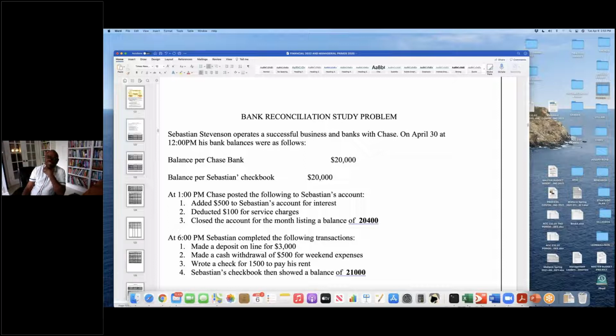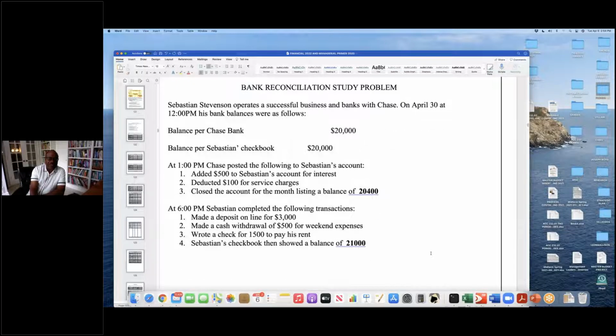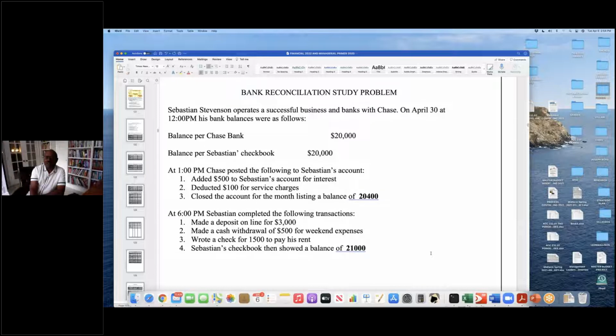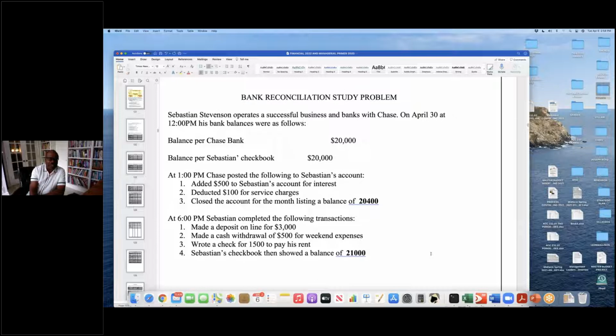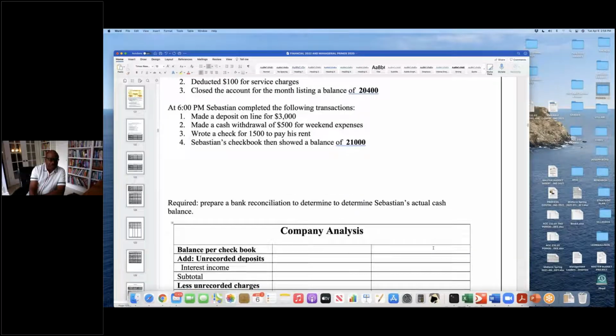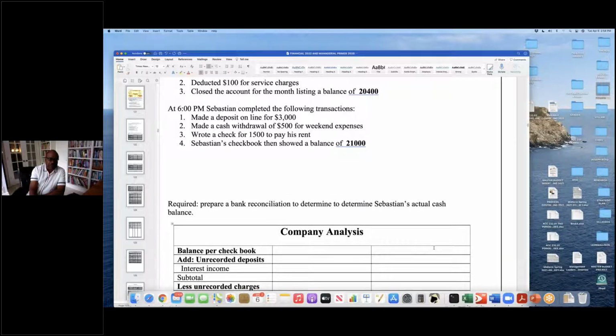How much money should Sebastian have? Okay, 21,400. So how do we get 21,400 as his correct balance? Let's do a company analysis first.